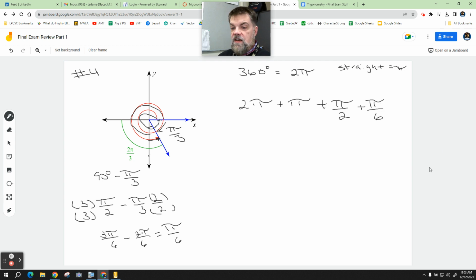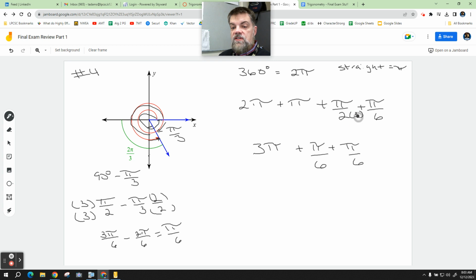Now this is the interesting part. We'll probably need some sort of common denominator to add all this stuff up. So I know that 2 pi plus pi is 3 pi. So this is 3 pi plus pi over 2 plus pi over 6. But I'm going to write this as something over 6.